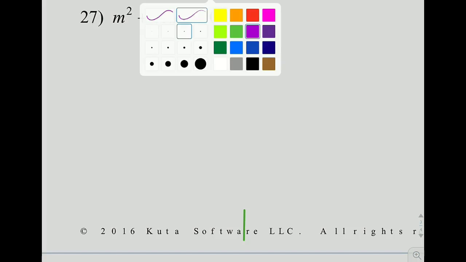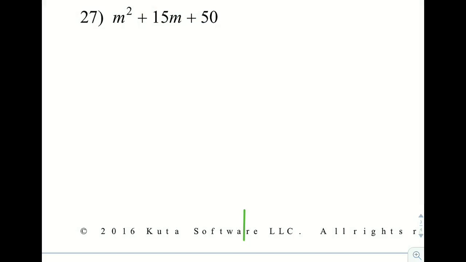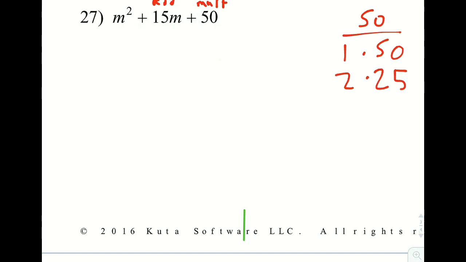We are going to be adding to 15 and multiplying to 50. So as we come up with our list here, multiply to 50, 1 times 50, 2 times, I think, 25. 3 does not go into 50. 4 also does not go into 50. 5 times 10.